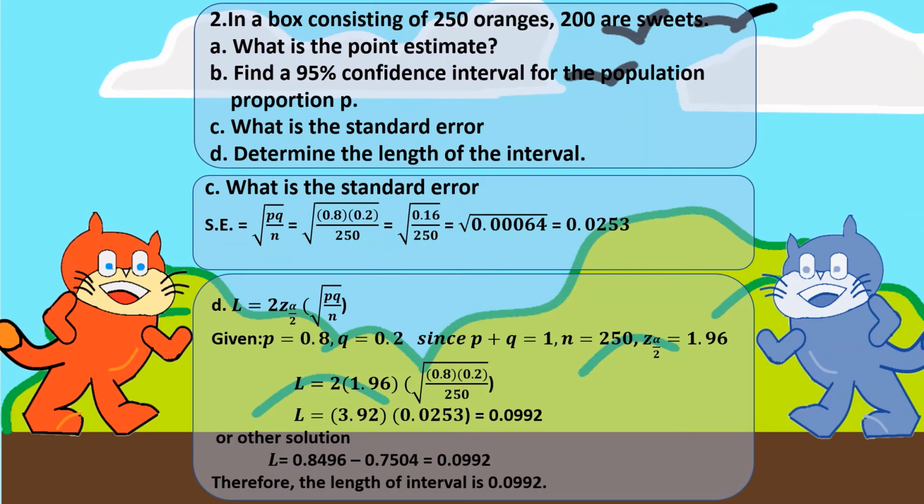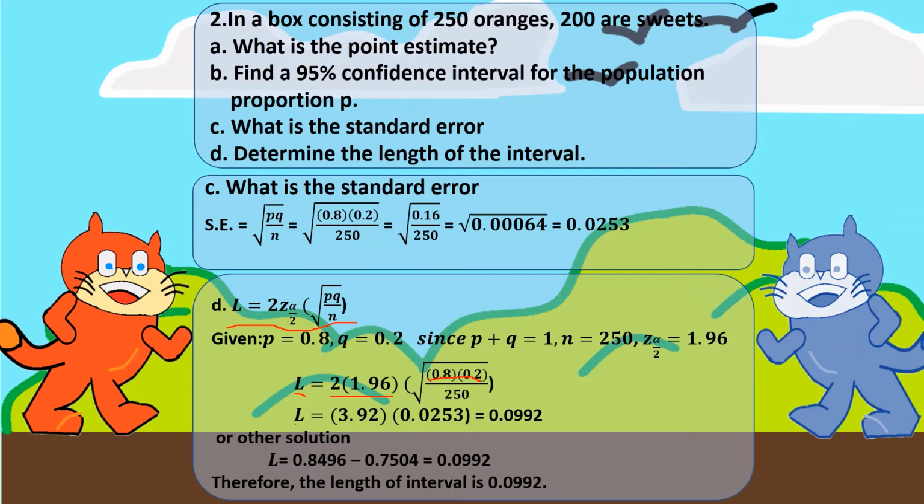So determine the length of the interval. Using our formula, we substitute L equals 2 times 1.96 times the square root of 0.8 times 0.2 all over 250.